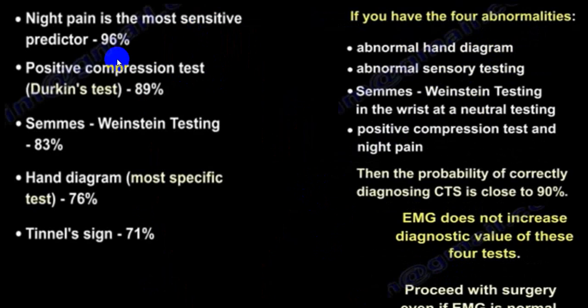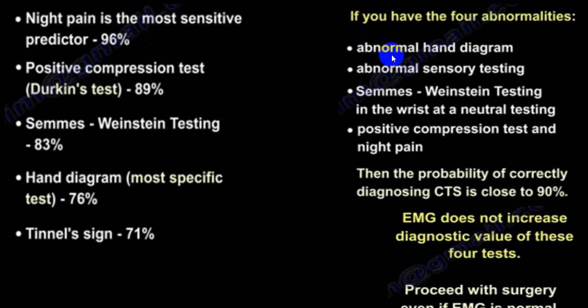Night pain has almost 96% sensitivity. Durkan test is 89% sensitivity. Monofilament testing is 83% sensitivity. Hand diagram confirmation can be almost 76%, much better than even Tinel sign. Tinel sign is only 71%. You can see the sensitivity. Night symptoms itself are a very sensitive predictor.